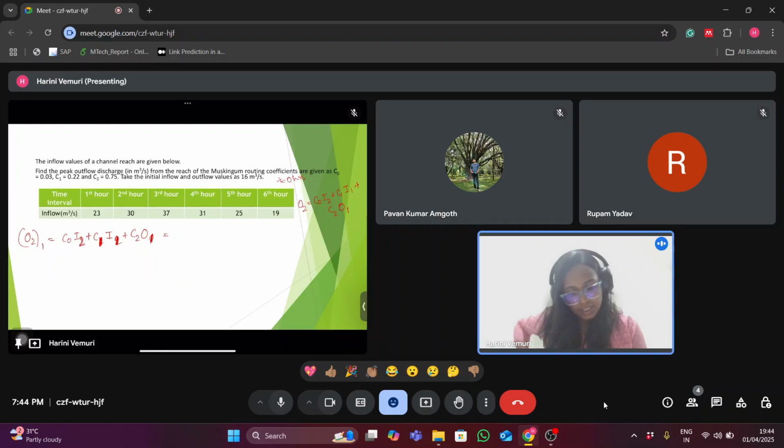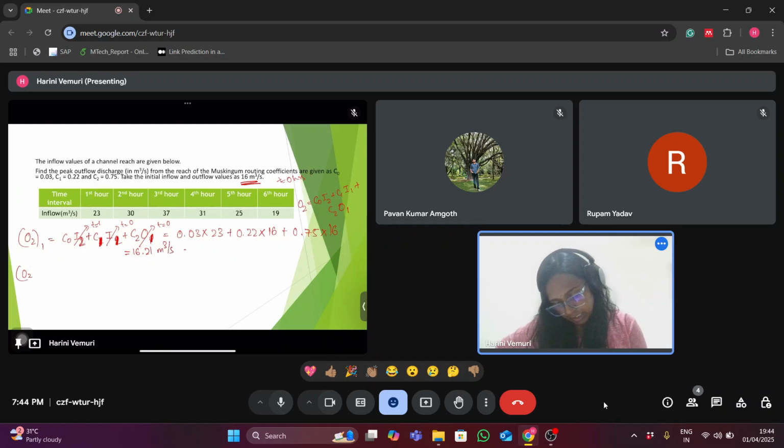So this is the equation. Here, this is the inflow at time step t equal to 1. This is at t equal to 0 and this is also at t equal to 0. So it will be 0.03 into 23 plus 0.22 into 16, since they're saying initially the inflow is 16, plus 0.75 into outflow, which is also 16 initially. So the answer is 16.21 meter cube per second.